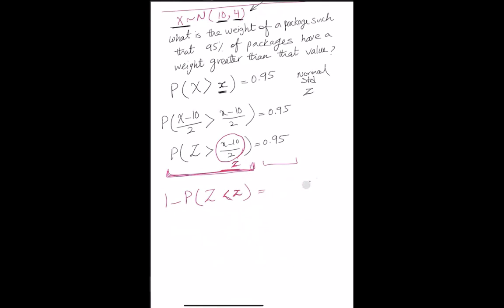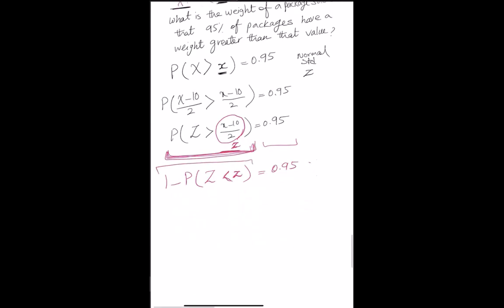That's 0.95, so I'm not going to change the right side. I just wrote the left side equivalent to this, right? So as a result, probability of z less than lowercase z is 1 minus 0.95, which is 0.05.